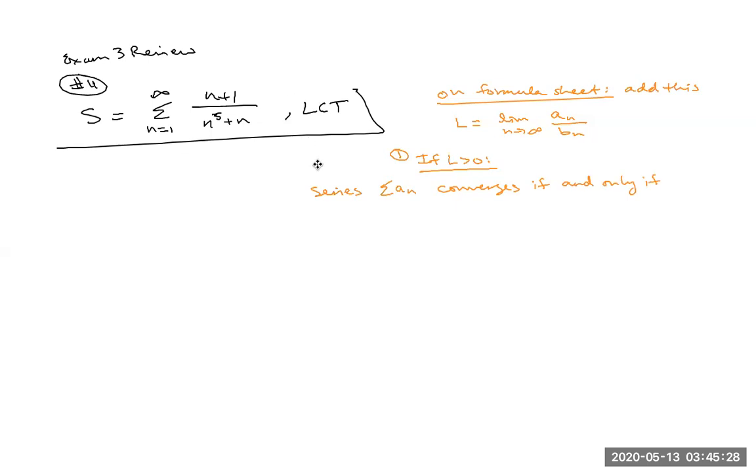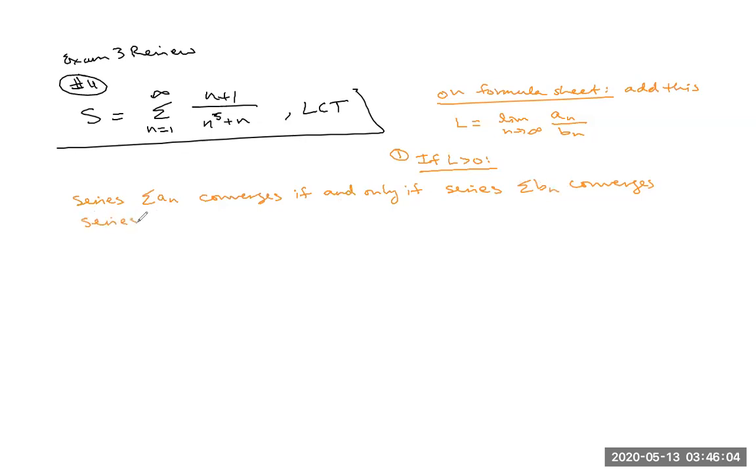So series a sub n converges if and only if series b sub n converges. So if you can check the convergence of either one of those, you'll know the convergence of the other.